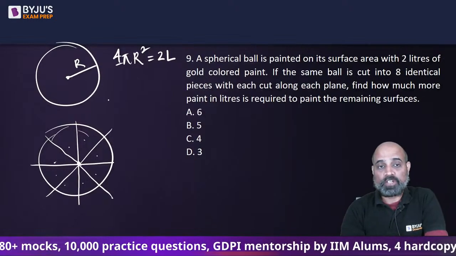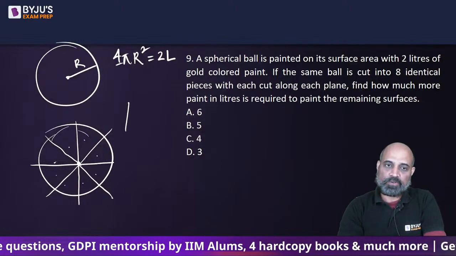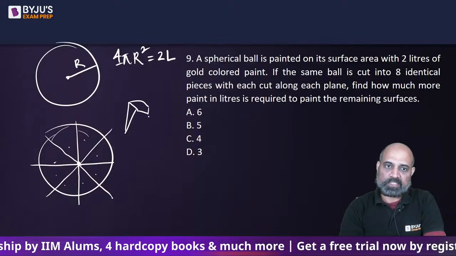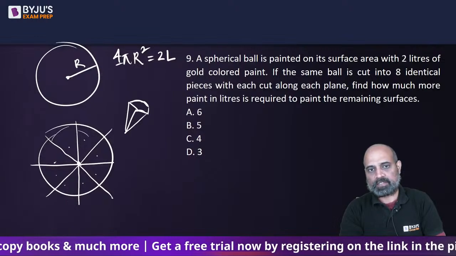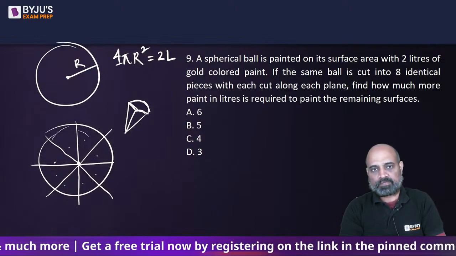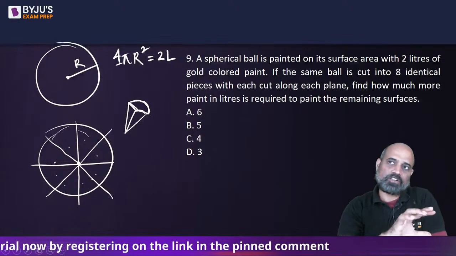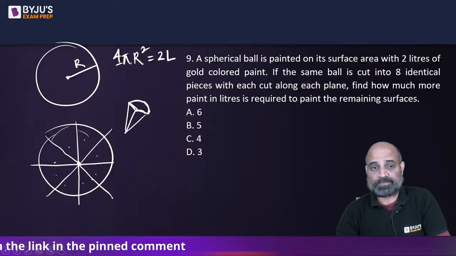So if you look at this, all these 8 pieces are going to look like a slice of a pizza, right? Not exactly a pizza slice, but more like a bread slice, because this is not a disc, this is rather a sphere.